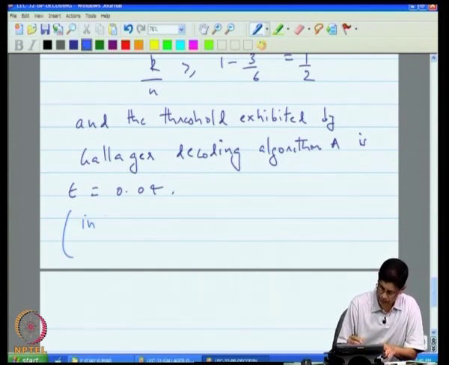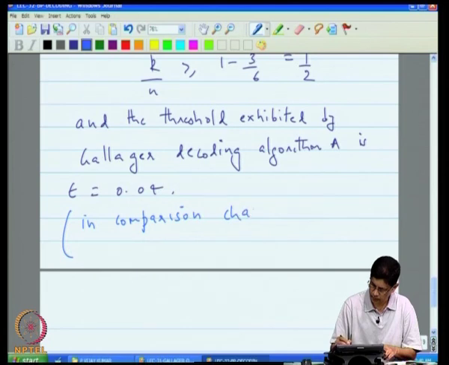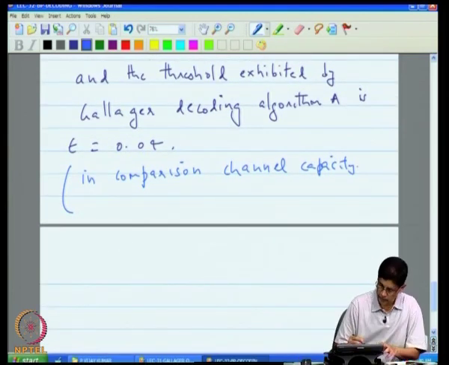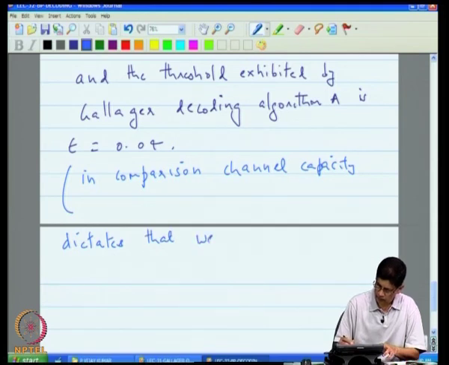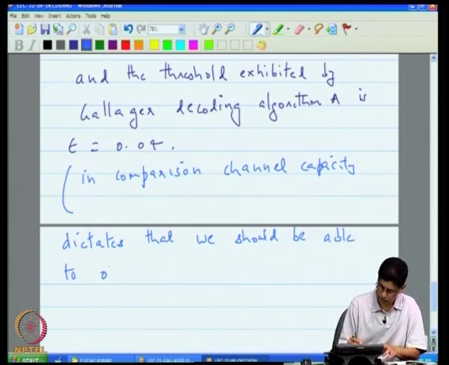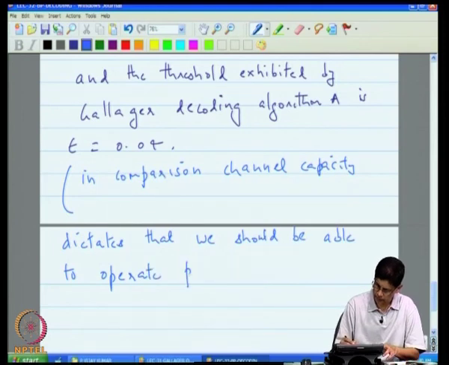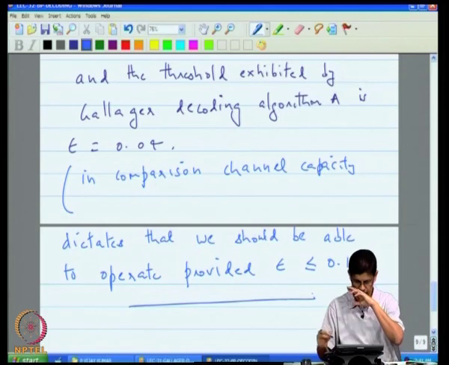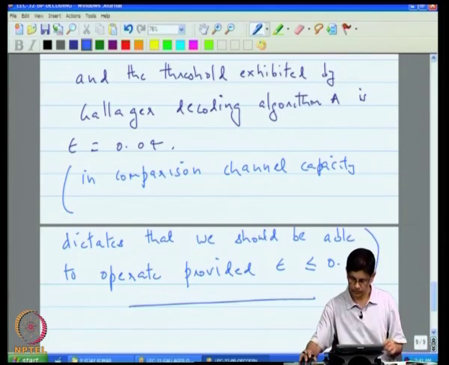So just make a quick note that in comparison, channel capacity dictates we should be able to operate provided epsilon is less than 0.11.